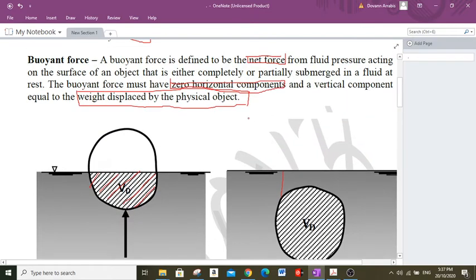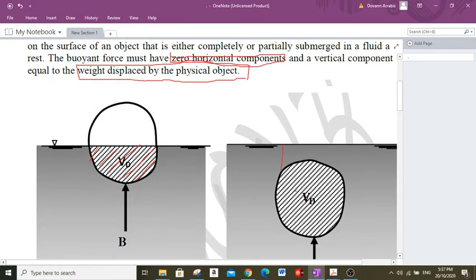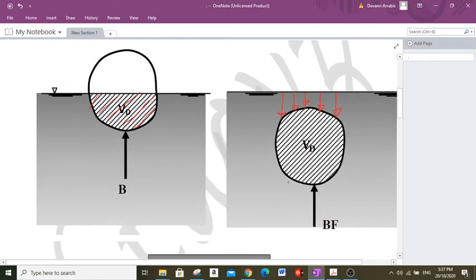Since the horizontal component of the fluid pressure acting on this object is zero, we will just focus on the vertical component of the fluid pressure, which is the buoyant force.